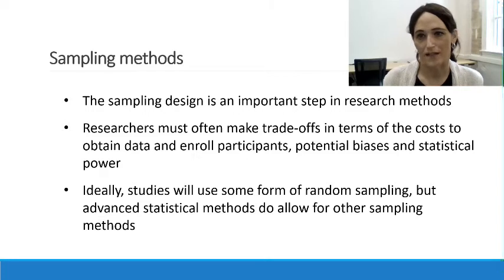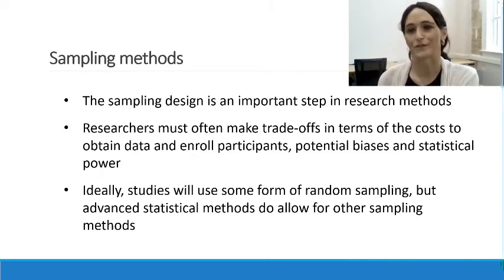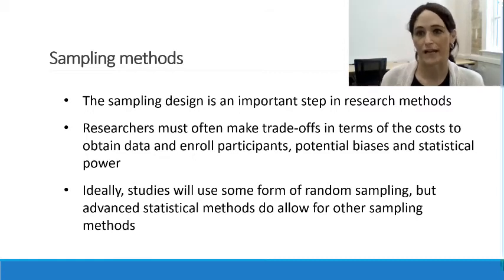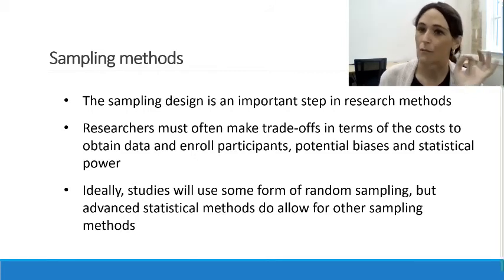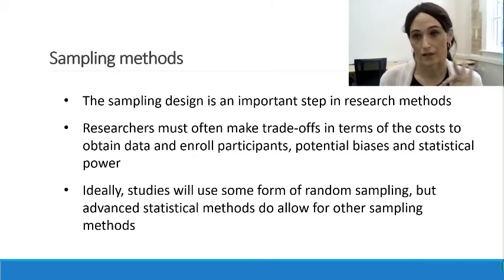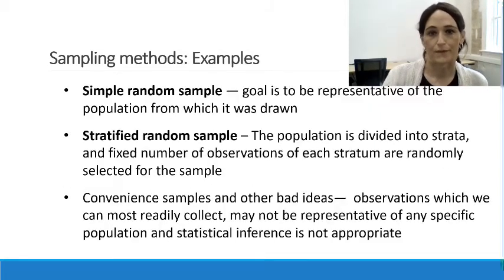One's called snowball sampling, where one person refers to another person who refers to another person, clearly not a random sample. And we are developing novel statistical techniques to deal with those kinds of non-random samples. But the statistics that we learn in this course are based, for the most part, on random samples.